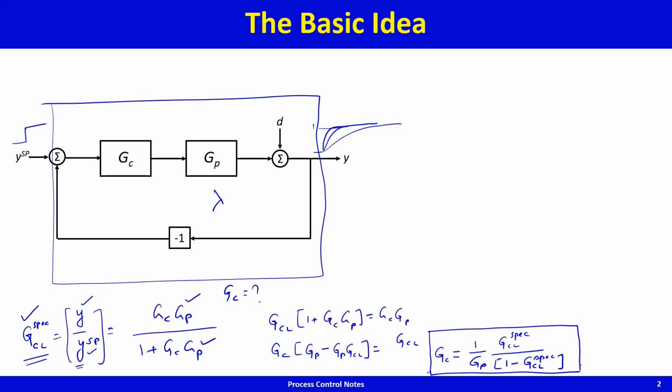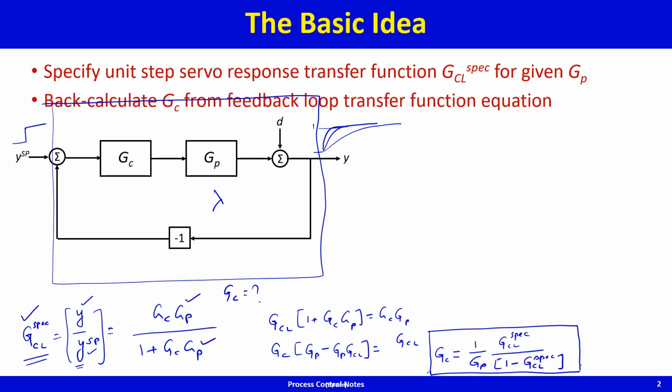So the basic idea is to specify the unit step servo response transfer function for a given process transfer function, and you back calculate the controller equation from the feedback loop transfer function equation, which is what we have done.